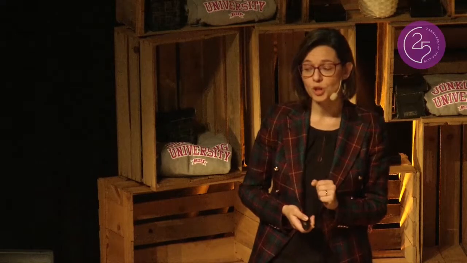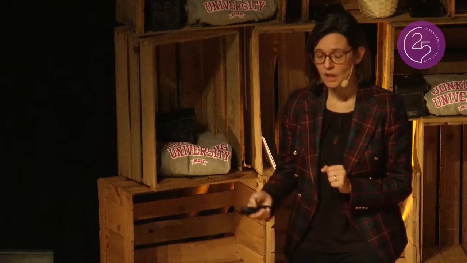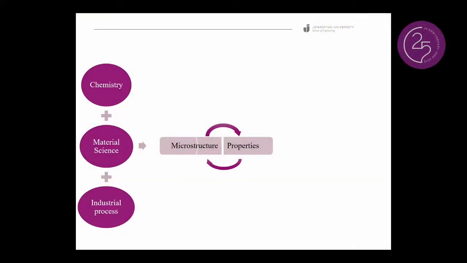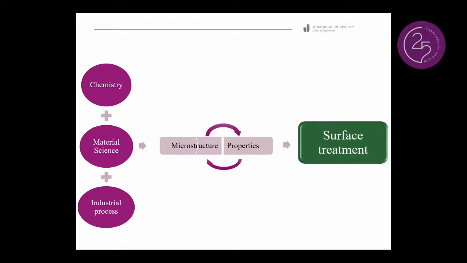So this is not an absolute. This has to be defined and designed, always thinking about the environment where the object will be placed. So it's a multidisciplinary approach, making use of chemistry, material science, and industrial processes to engineer chemistry and microstructure of a surface so that we can deliver targeted properties. And this is what I call surface technology or surface treatment.